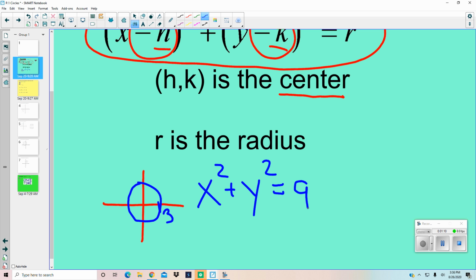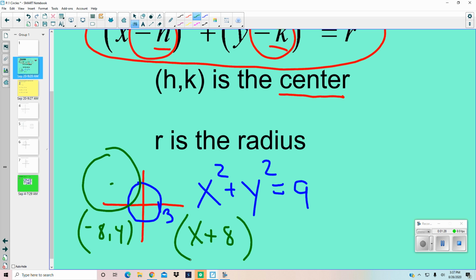It's only when the circle is off center that things change. Say we have a circle and my center is (-8, 4). Then my equation is (x + 8)², the opposite of -8, plus (y - 4)². Let's say the radius is 4, so I would put 16 there.